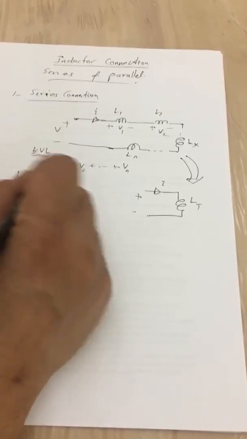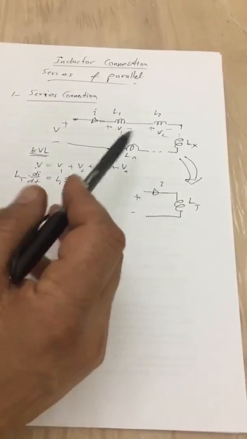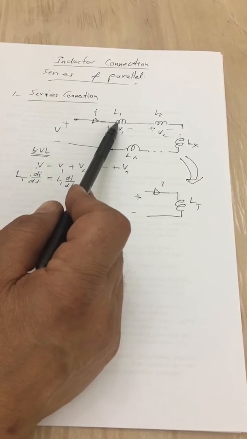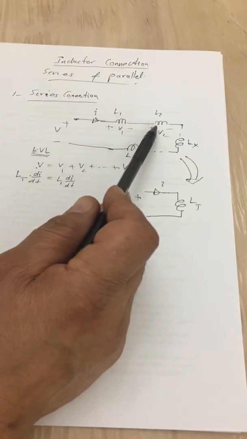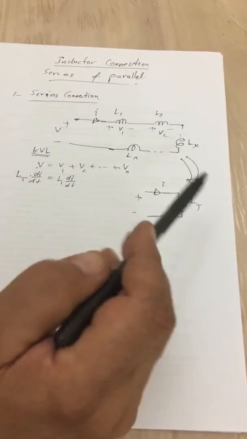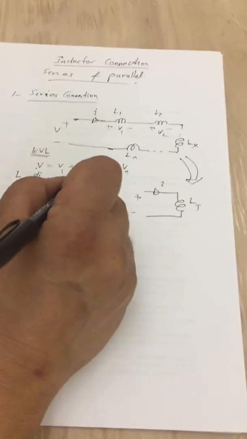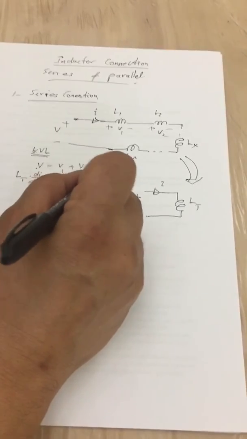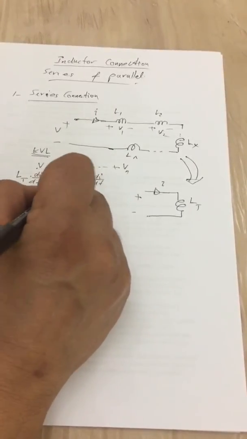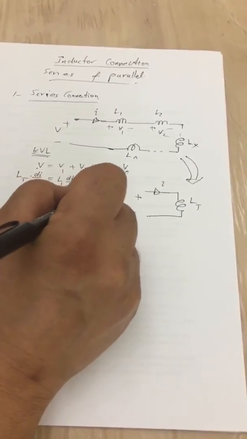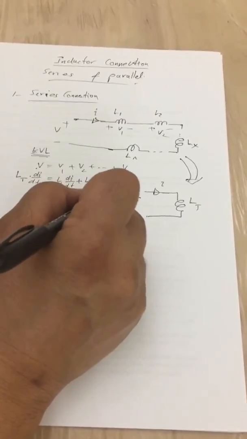The current passing through inductor 1 or coil 1 is the same as that current passing through L total and L2 and so on, plus L2 di per dt plus Ln di per dt.